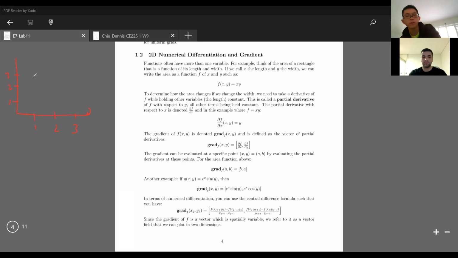And at each of those points, we're going to try and generate a vector of partial derivatives. If you remember the quiver plot from a couple labs back, we're going to basically make a slope field, something like this. And it's going to point in the direction of greatest increase. That's what the gradient basically means physically.